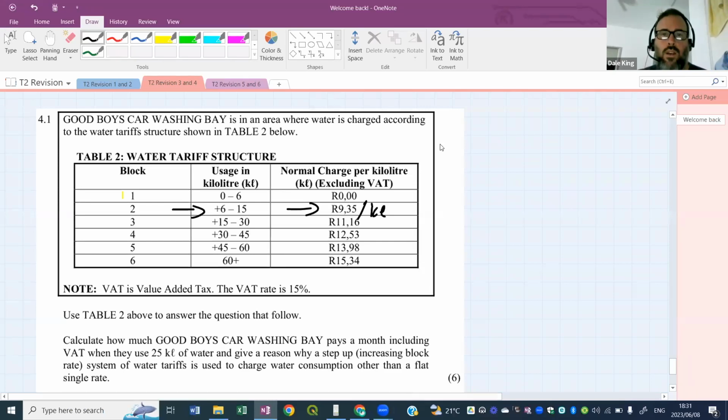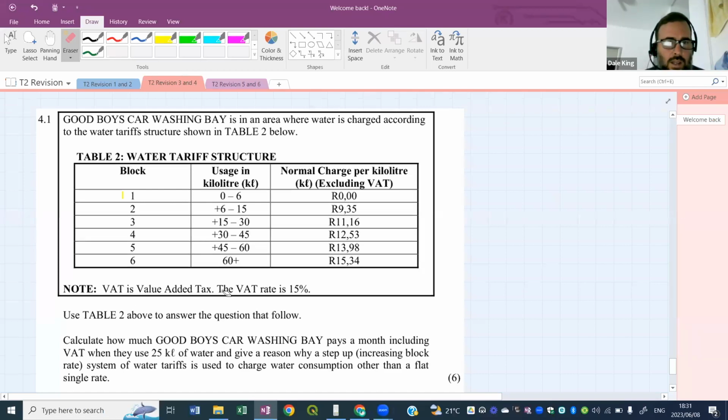We have all these intervals, and you can see the higher your water usage is, we go from 15 to 30, 11 Rand 16, 30 to 45, 12 Rand 54, 45 to 60, 13 Rand 98. And if you're 60 plus, which means above 60, you're paying 15 Rand 35 for anything above 60.